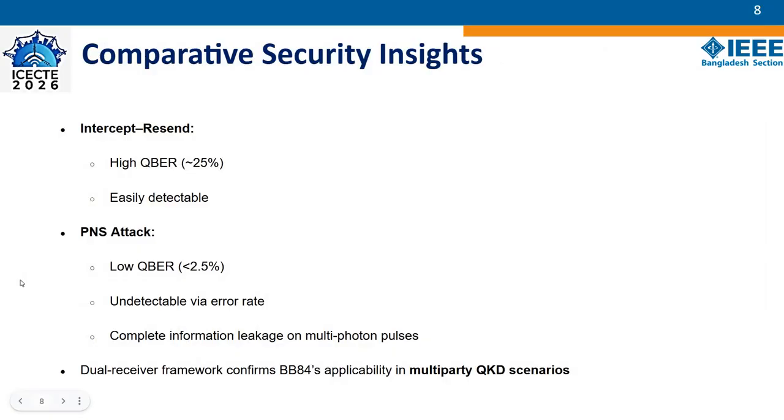To summarize the comparison, intercept-resend attacks cause high QBER and are easily detectable. However, PNS attack maintains low QBER and leaks complete information silently, according to our simulation. Our dual receiver analysis confirms that while BB84 is robust against active disturbance-based attacks, it remains vulnerable to attacks like PNS.